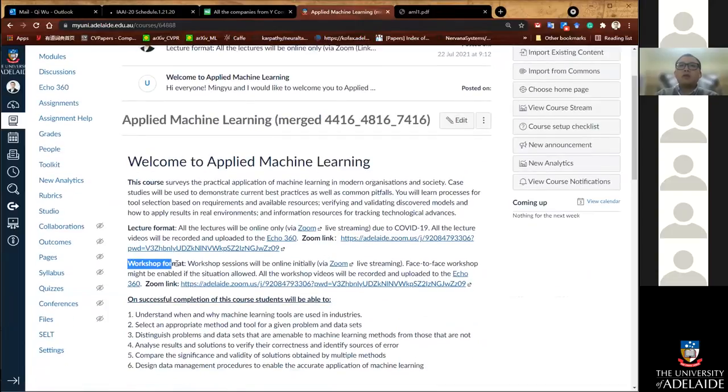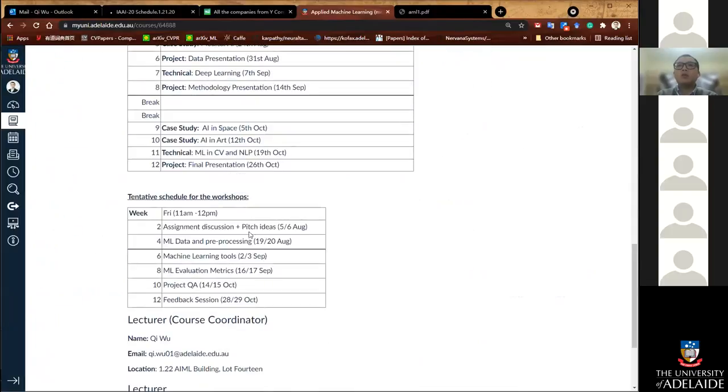For the workshop format here, I simply listed it as a Zoom one, but because our first workshop will be on the 5th of August, I guess we will go back to the lecture room in August.